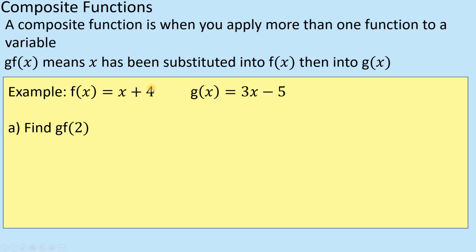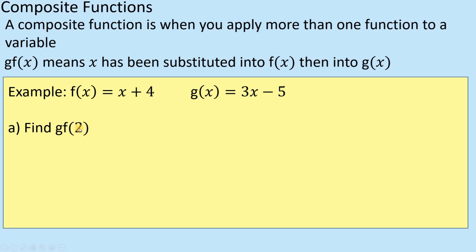Once we've added 4 to it, we then need to times it by 3 and take away 5. It's two very different things, and of course, as I mentioned, the order absolutely matters. Do I triple it and take away 5 and then add 4? Or do I add 4, then triple it and then take away 5? Well, of course, this is what this process is all about.